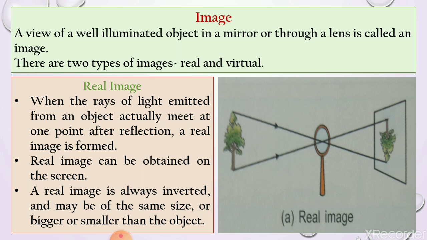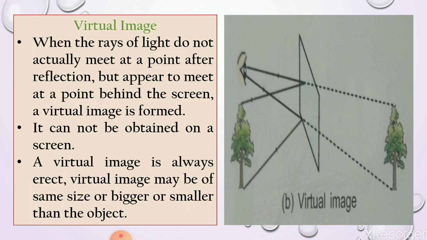Next thing, real image is always inverted, means upside down, and it may be of same size or bigger or smaller than the object. Now we will see virtual image. So virtual image is the image that cannot be obtained on a screen. Okay, so the image that cannot be obtained on a screen is called virtual image.